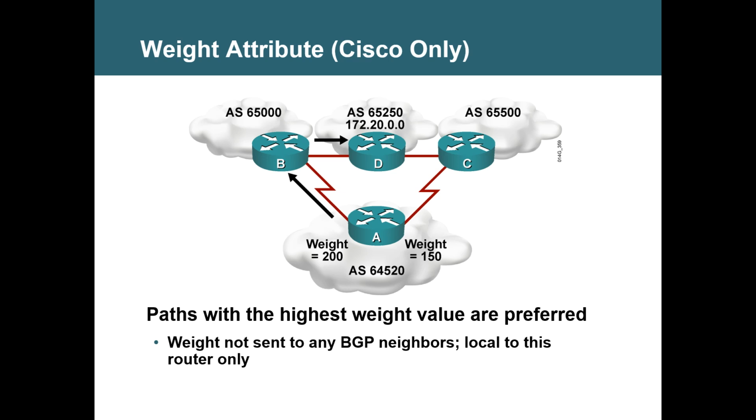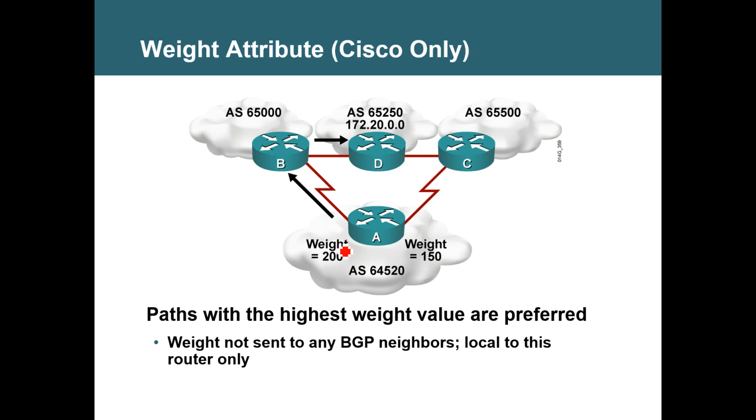B also gives the same 172.20.0.0 network like C. Both are giving me, but for me, more weightage is to B. Whatever B gives me, though the other guy may also give me the same, I don't go with the other guy, I go with this guy. In that case, we use this weight.